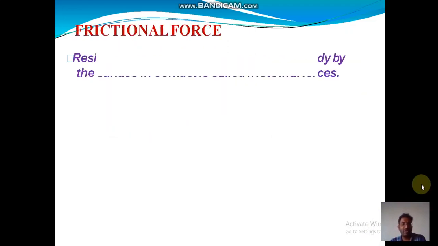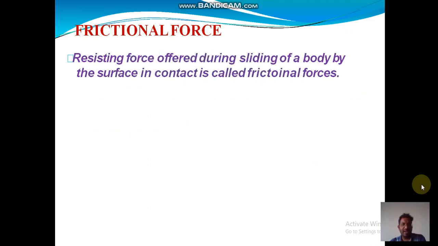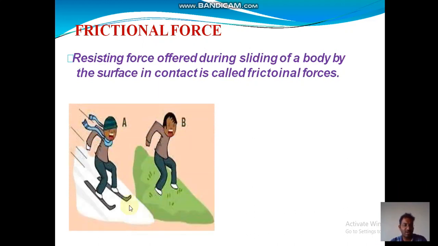And the next one, frictional force. There is a resisting force offered during the sliding of a body by the surface in contact. See, there is a resisting force during the sliding here. So this is the frictional force. Practically, if you apply a force on cloth while washing, there is a development of friction.